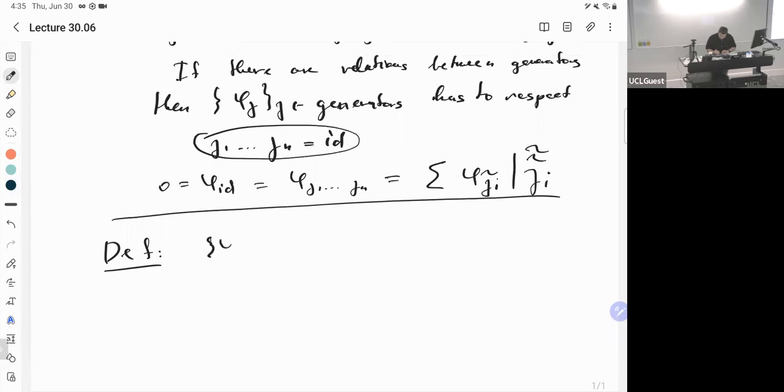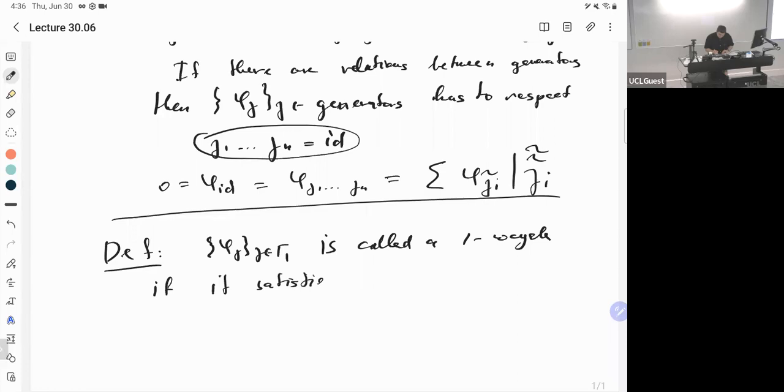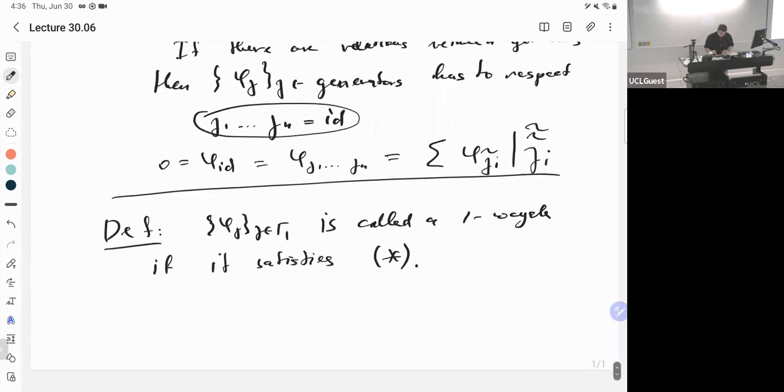A collection of functions for any group, let's say for gamma 1, but we will specialize to other groups soon, is called a one cocycle if it satisfies this star condition I was talking about.